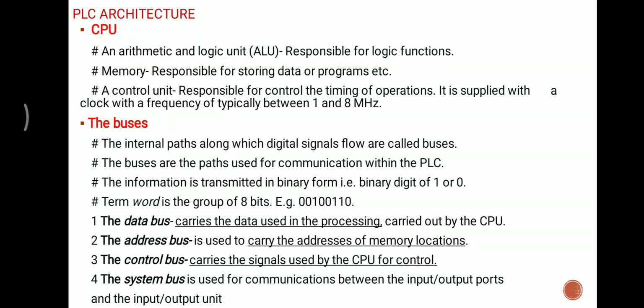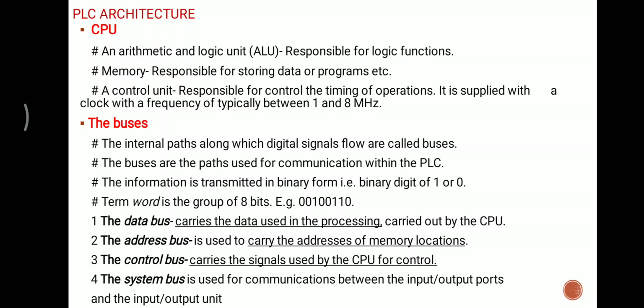Then again the CPU contains the memory. Memory is responsible for storing the data or programs in the PLC, and the utilization of programs will be done by the microprocessor, and it will give some kind of output.